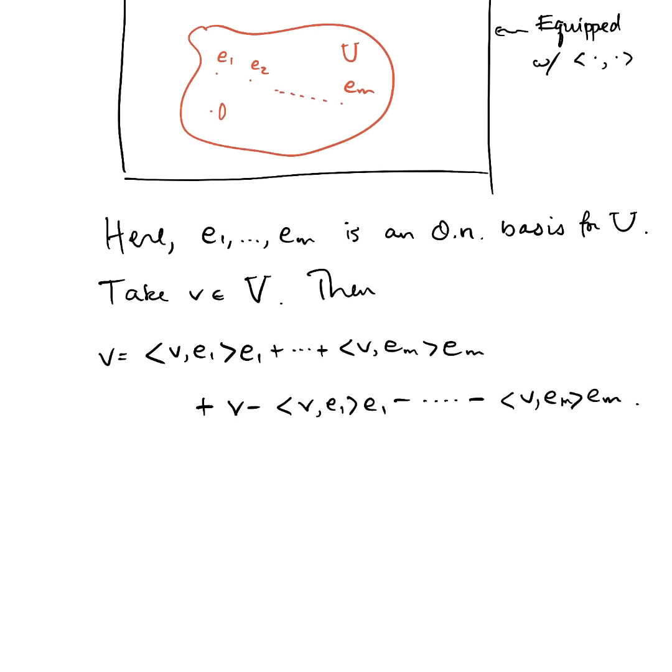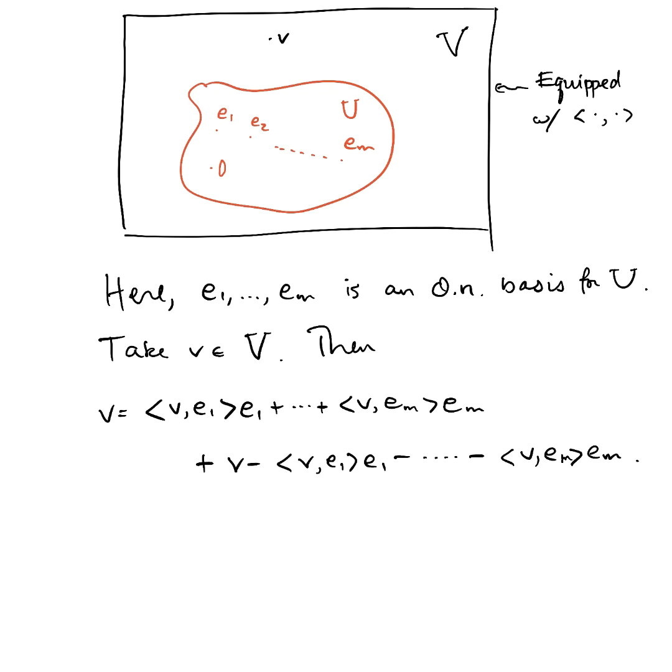The virtue of writing this arbitrary vector v in this way is that this piece is an element where? Look back at the picture. Do you see that that chunk belongs to U? And this other chunk, we could just name that piece w.